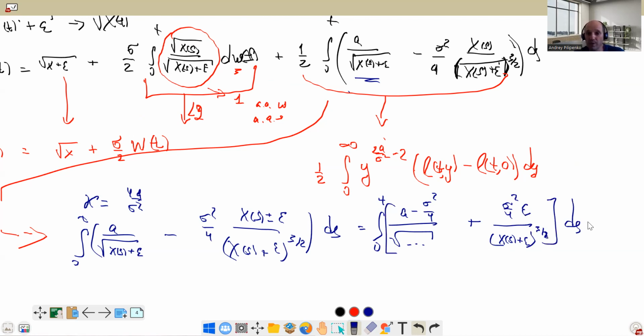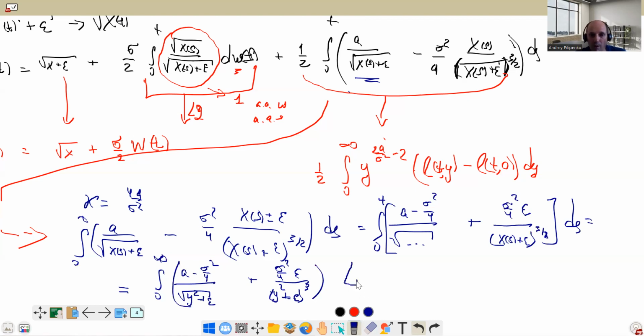And now represent this as an integral of some function with respect to the local time: (a minus sigma squared over 4) divided by the square root of y squared plus epsilon, plus this term, sigma squared over 4 times epsilon over (y squared plus epsilon) to the power 3/2, times the local time of y at the point t and y.